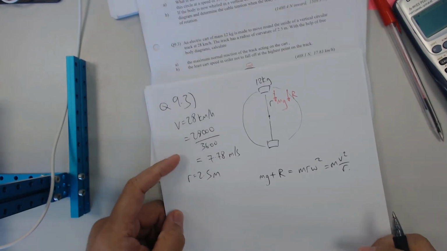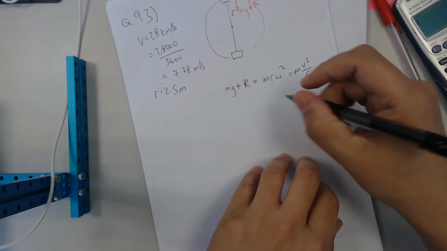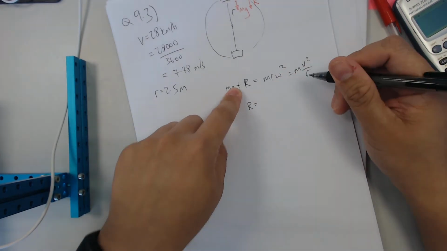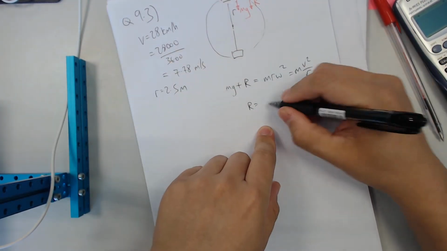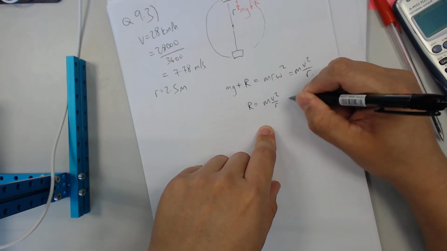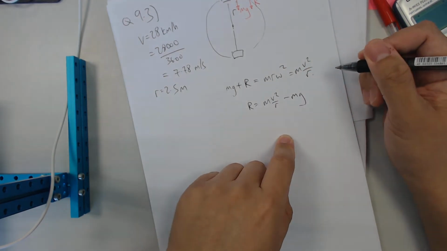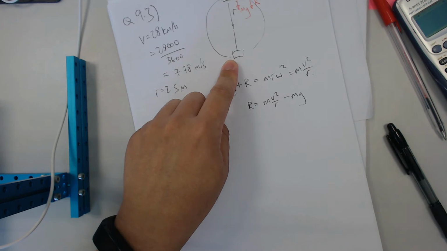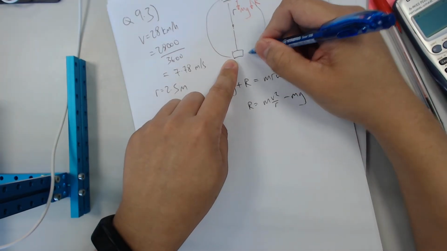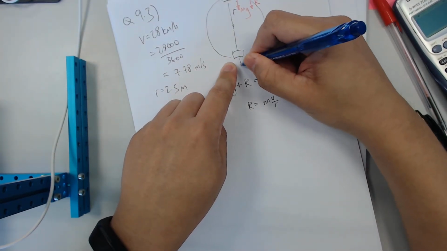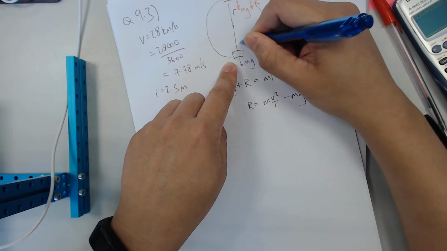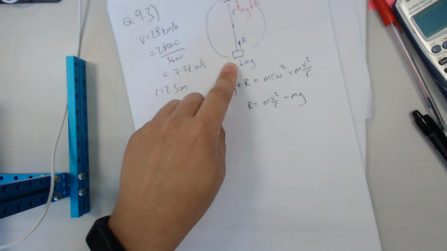So the question is the normal reaction. This reaction, if this is the top position, would be mv square over r minus mg. If you look at the bottom position, the forces will look like this. You have mg, and the reaction is pointing upwards.